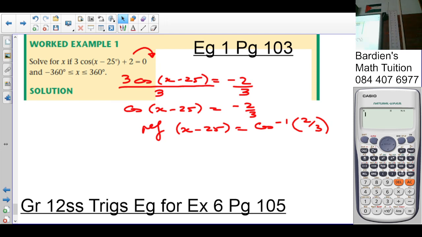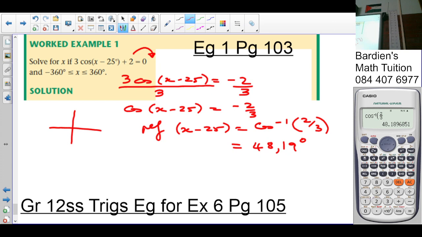Shift cos of 2 over 3 gives us 48,19 degrees.